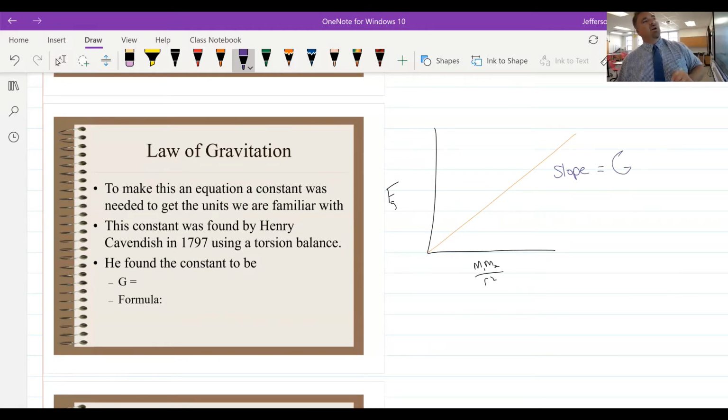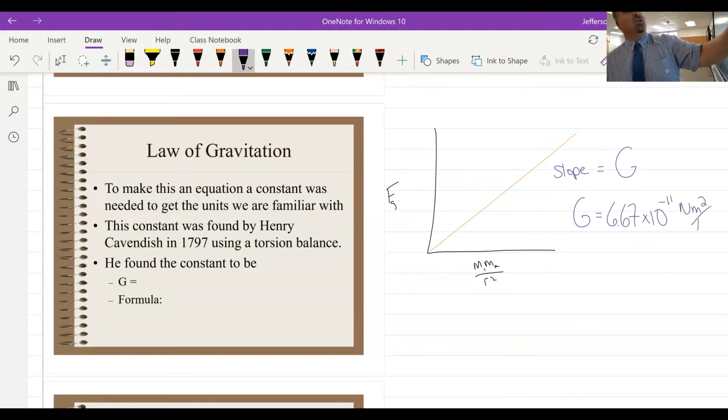That constant comes with a capital letter G. When he found the slope, he found that G was equal to 6.67 times 10 to the negative 11th newton meters squared over kilograms squared.